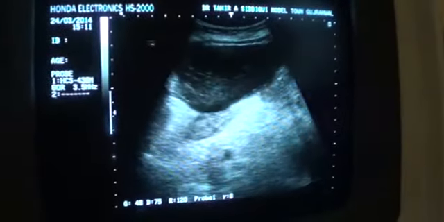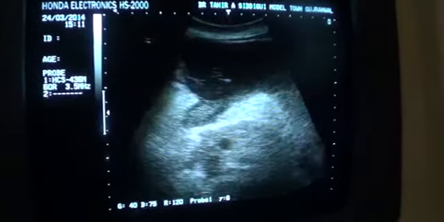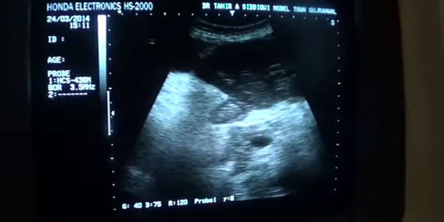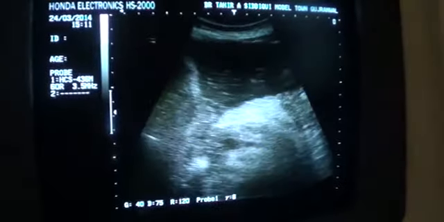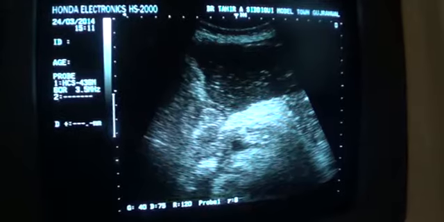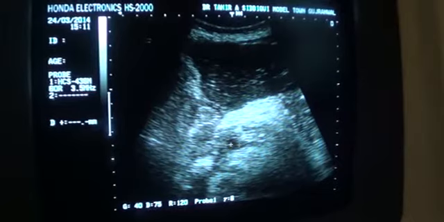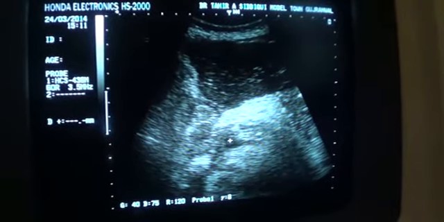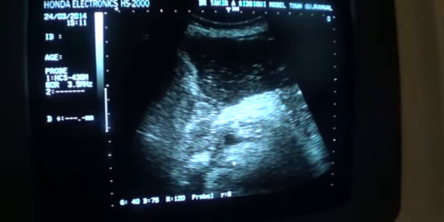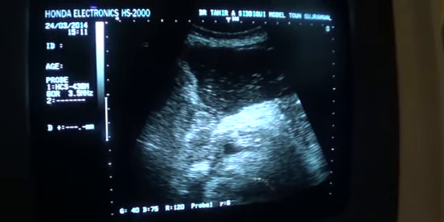Here is the pancreas. Let's study the pancreas. This is the pancreatic body, this area, and this is the pancreatic head. This is the splenic vein, this is the superior mesenteric artery, this is the superior mesenteric vein, and this is the aorta.